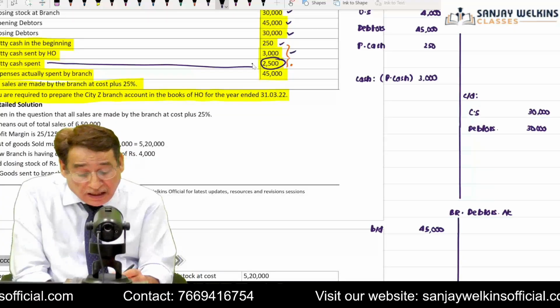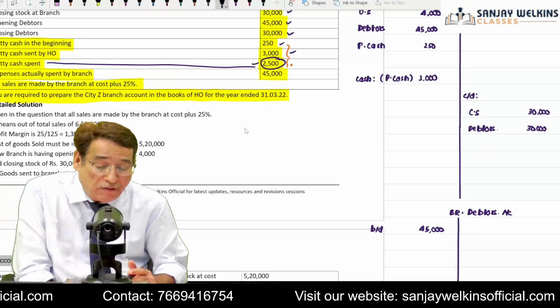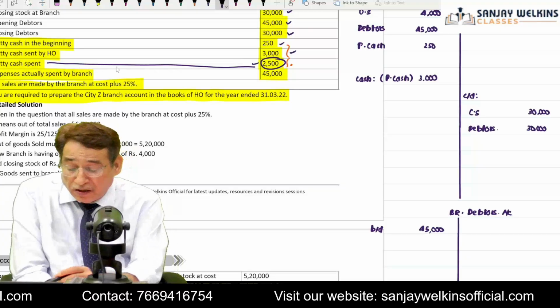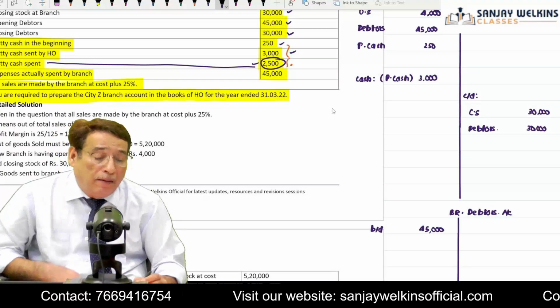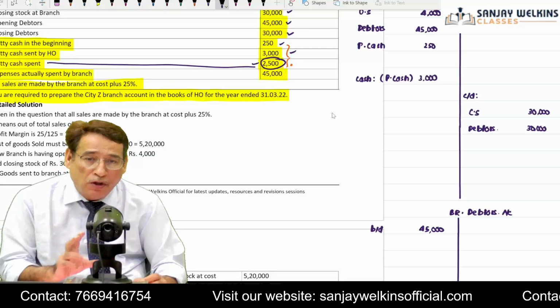Now this line is given to us that the branch manager has spent 2,500 worth of petty cash. It's an expense, no doubt about that.